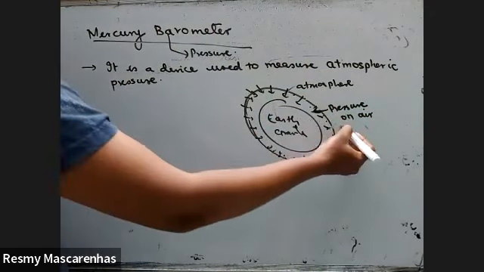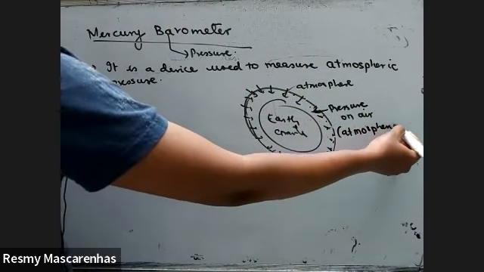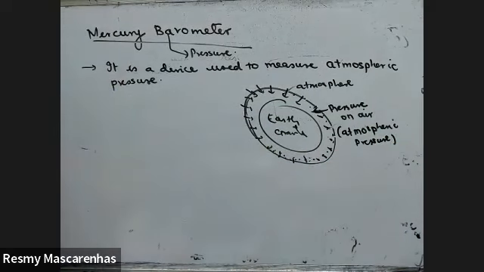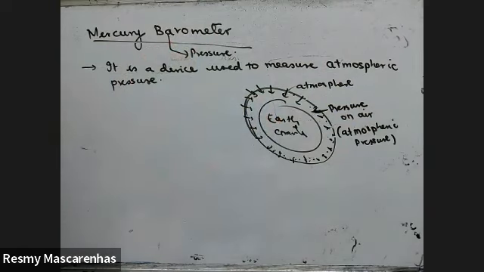So this pressure is called atmospheric pressure. Now, how do we find out how much the atmospheric pressure is?